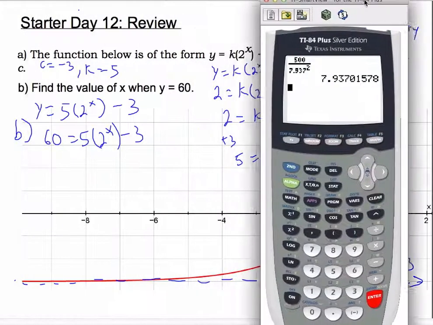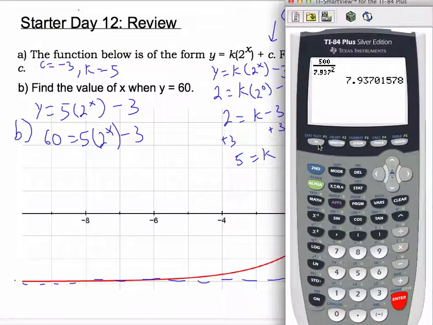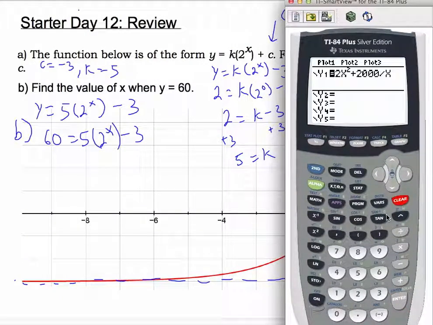So we're going to use the graphing calculator and type in the function first of all. So the function is 5 times 2 to the power of x minus 3. Alright, I'm going to go to, well actually I want my y values to go up to 60 at least.